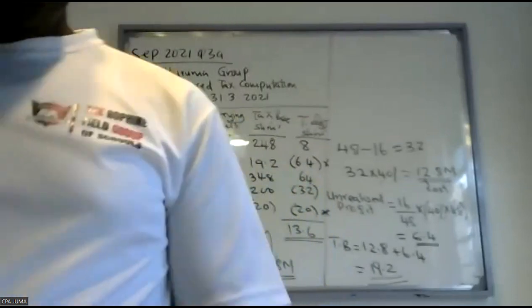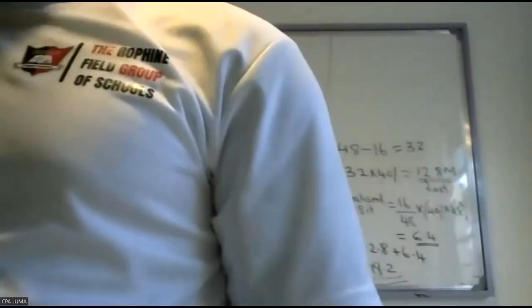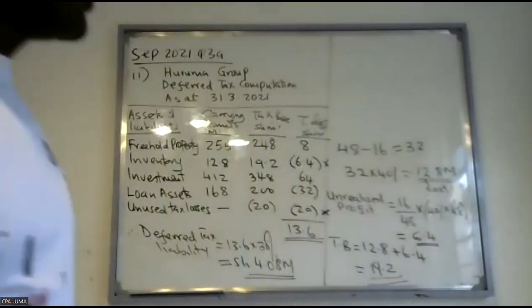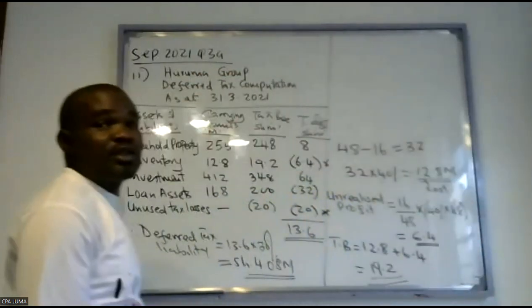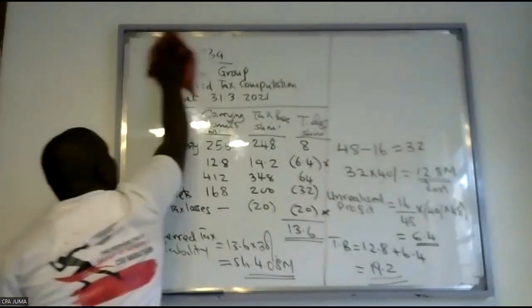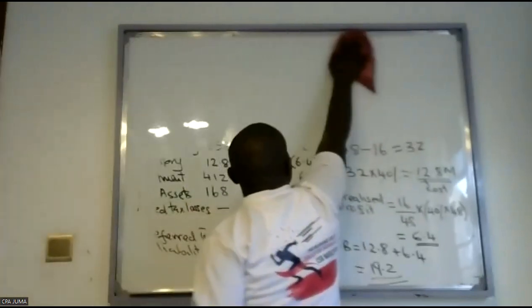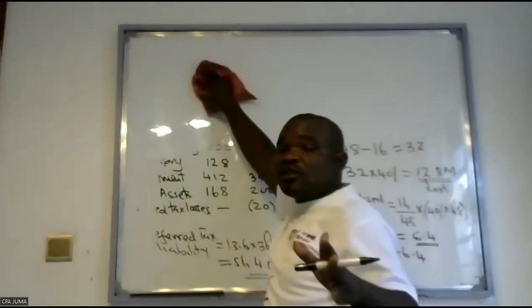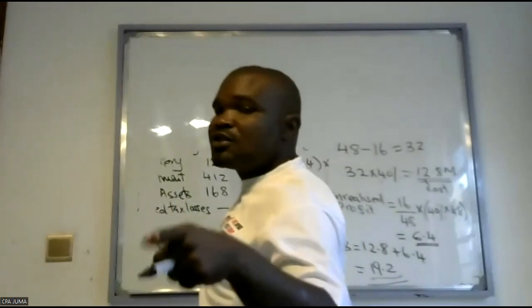So check for September 2015, question 3B. We take a small break. That will be our last question for deferred tax. I take the break. Let's meet back at 6:50.